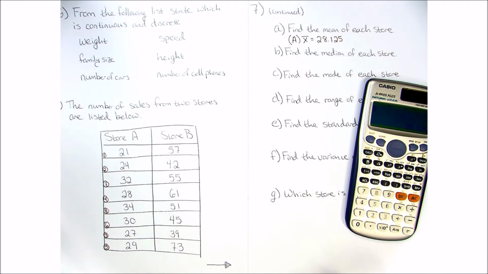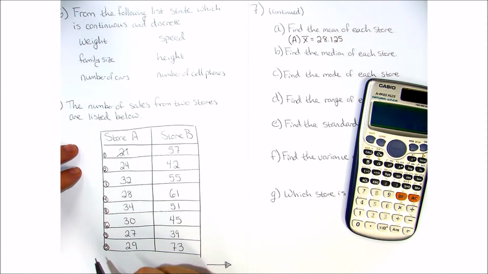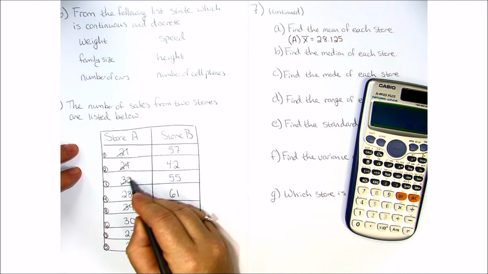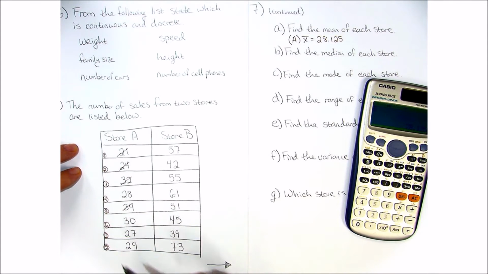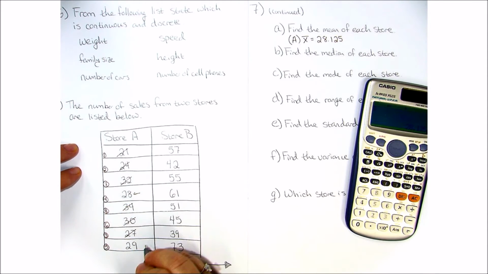Now I know that my median is the middle number, so if I line them up from largest to smallest, I get the middle. So what I'm going to do is just mark out the smallest and the largest. Now I'm going to do the same thing, the second smallest and the second largest. Next, 3 and 6, and you're left with 4 and 5 as our median.